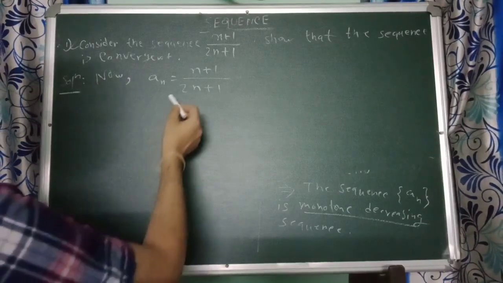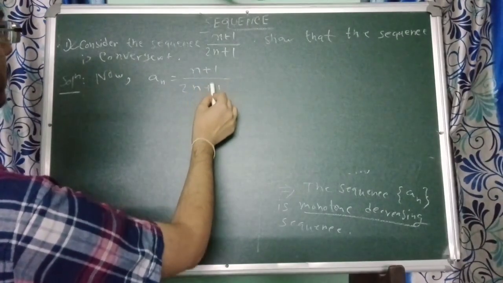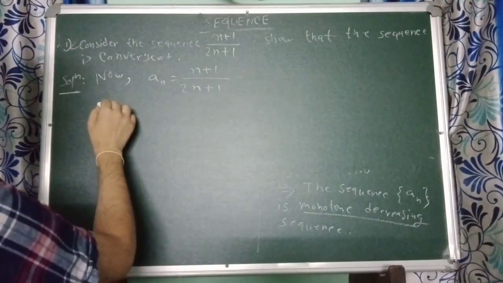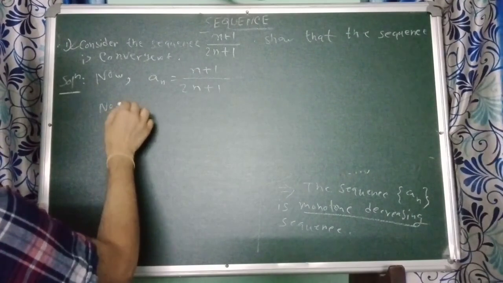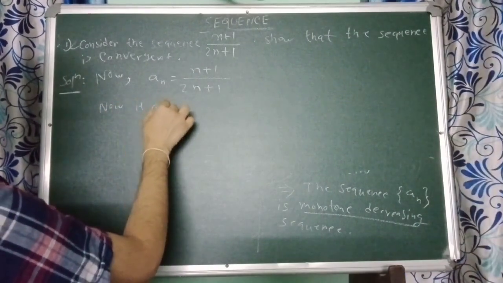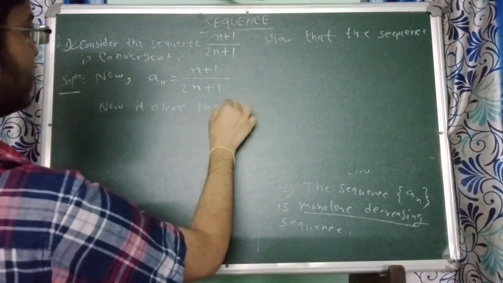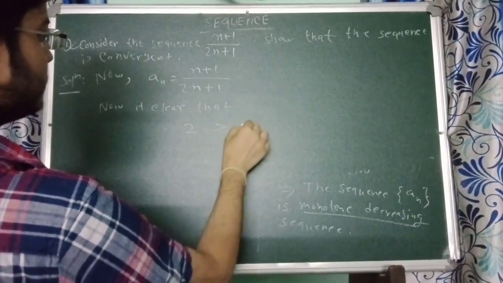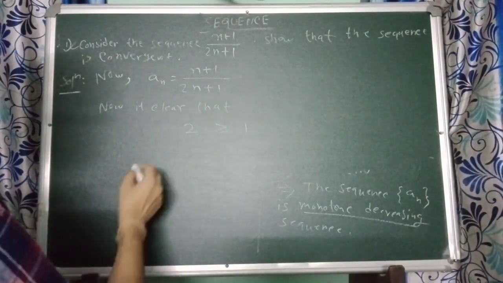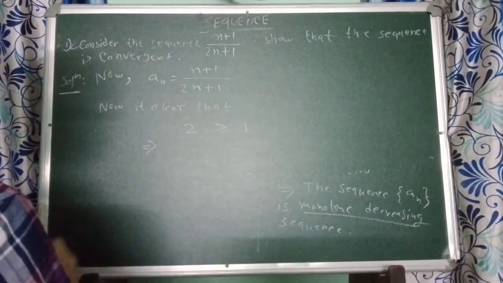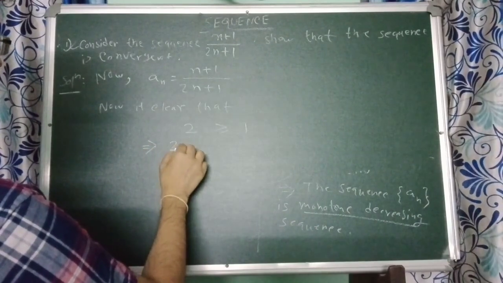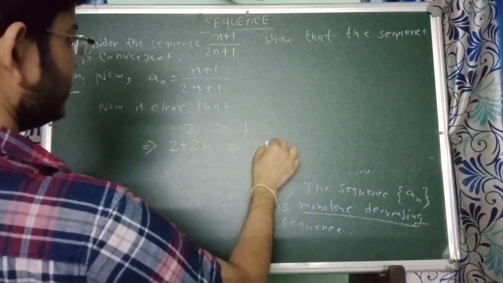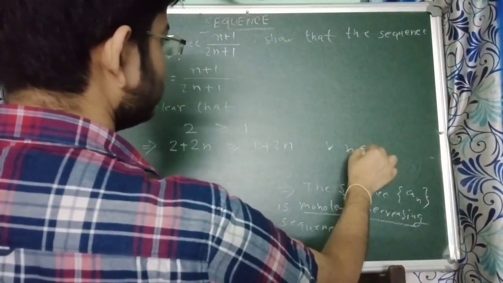Next we consider the expression a_n equals (n+1)/(2n+1). Now it is obvious that 2 is greater than or equal to 1. It is very obvious. So 2 plus 2n is greater than or equal to 1 plus 2n for all n belongs to natural number.